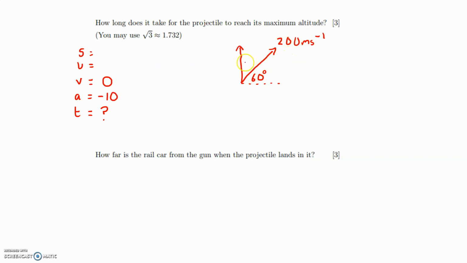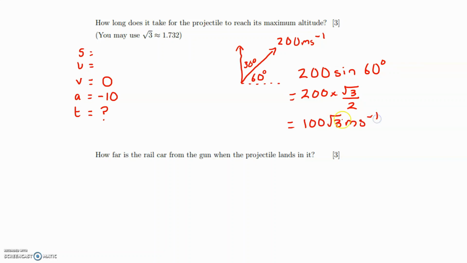So this angle here is 30 degrees, so the vertical component will be 200 sine 60, which is 200 times √3/2, and that is equal to 100√3 meters per second.